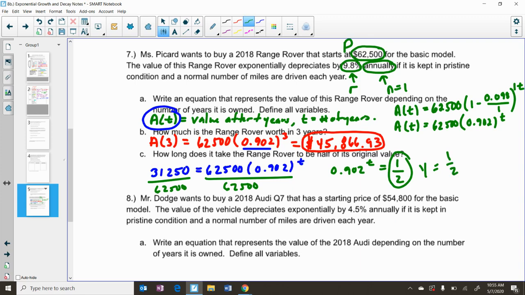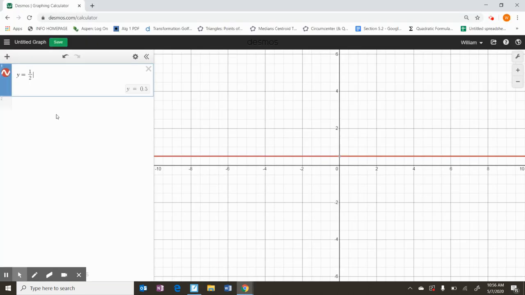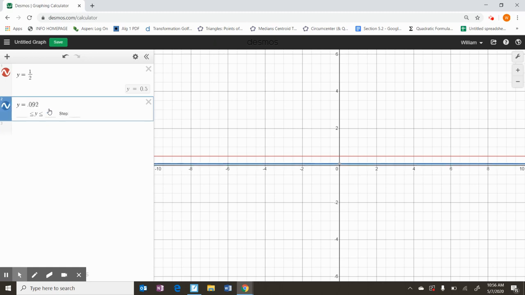What we're also going to graph is this exponential part, y equals 0.902 raised to the x power, to keep our variables consistent.